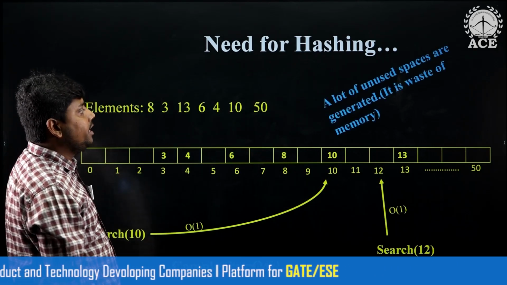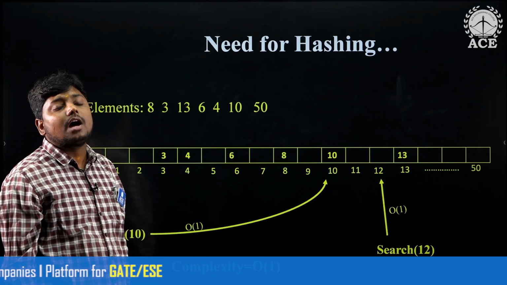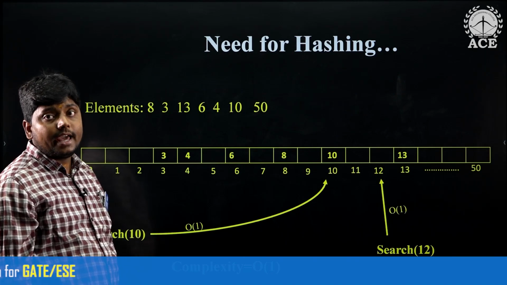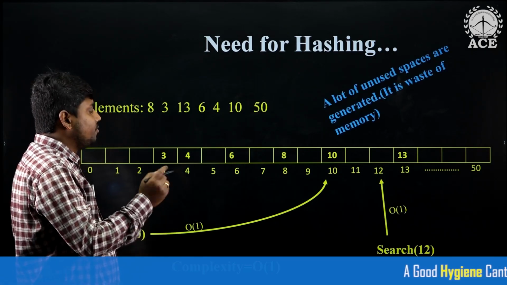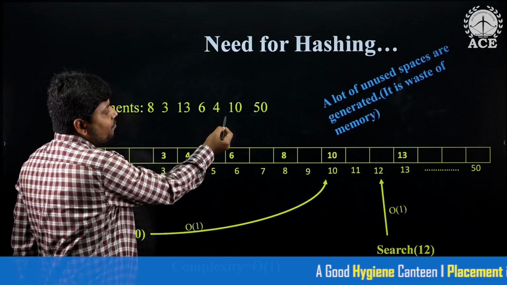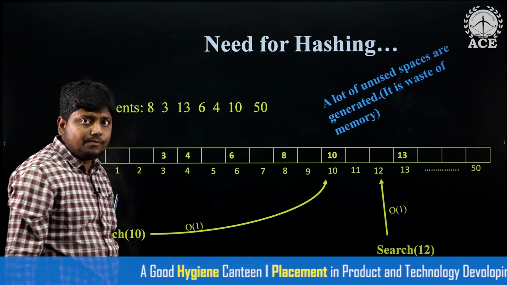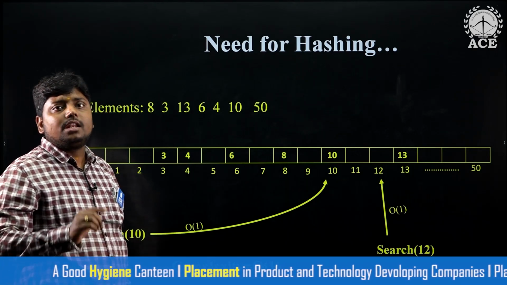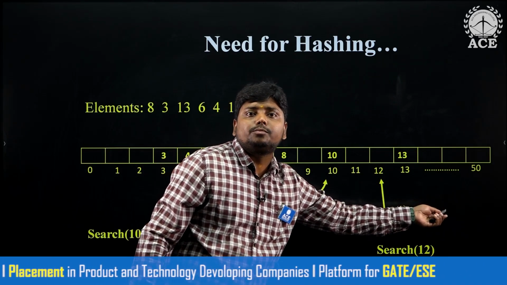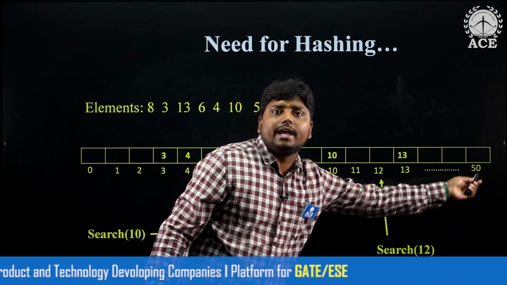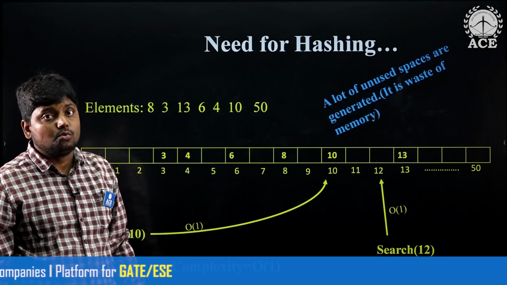So it has a great disadvantage that a lot of unused space is created in the array. I repeat, it's a very important point: when we add one element, 50, we have to increase the space from the 14th index to 49, which is left unused.